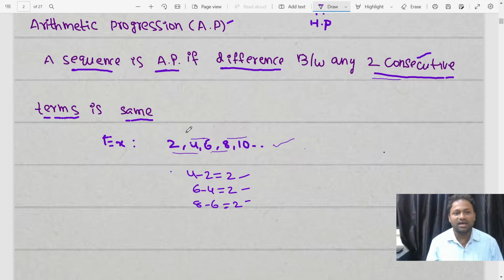According to the definition, we denote arithmetic progression with AP. Here 2 and 4 are consecutive terms. The difference 4 minus 2 is equal to 2, 6 minus 4 is equal to 2, 8 minus 6 is equal to 2. That's why this represents an arithmetic progression, right?